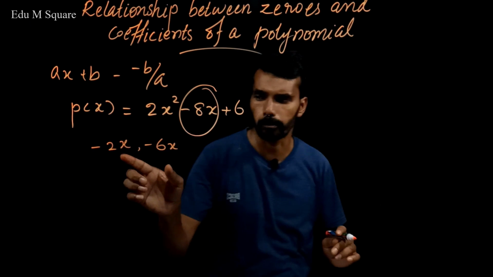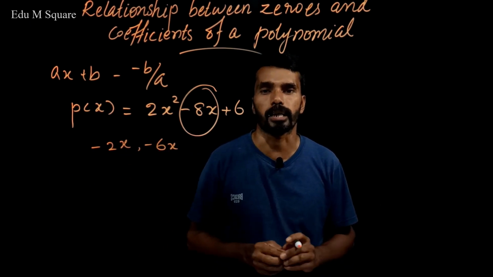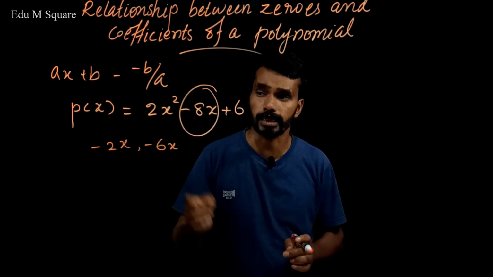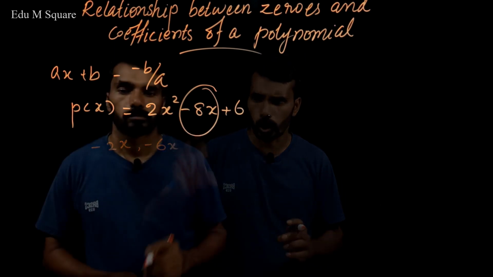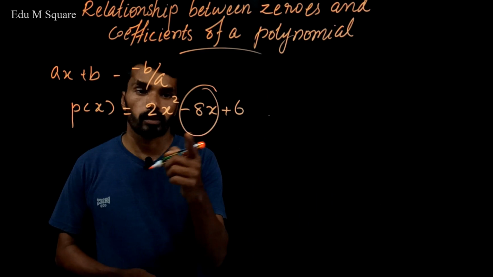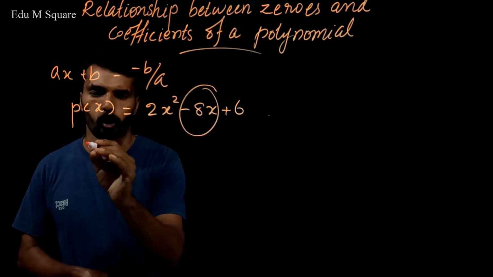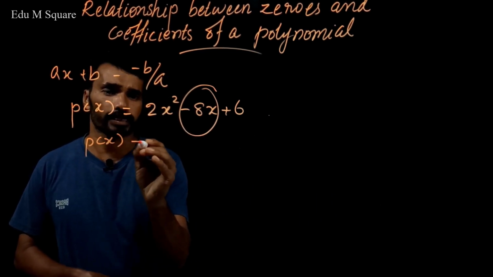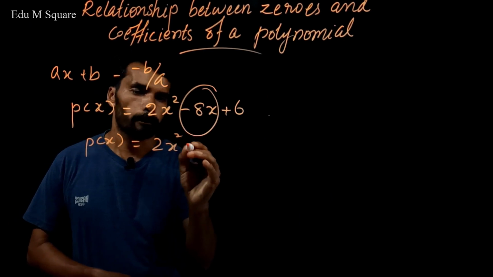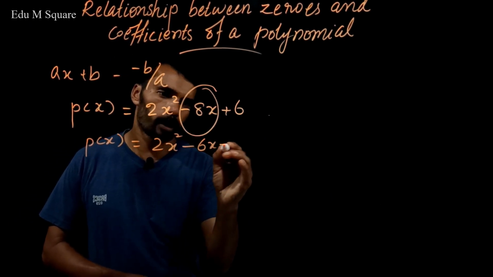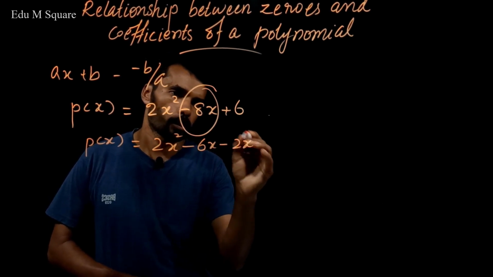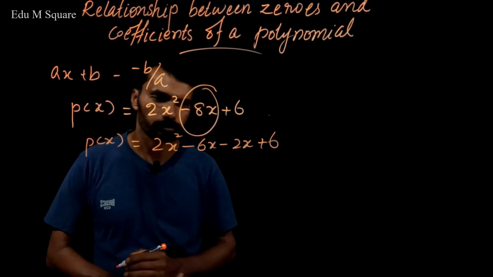Their sum is minus 8x and their product is 12x square. So we rewrite this polynomial p of x as 2x square minus 6x minus 2x plus 6.